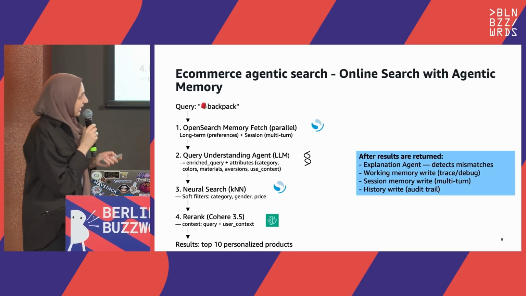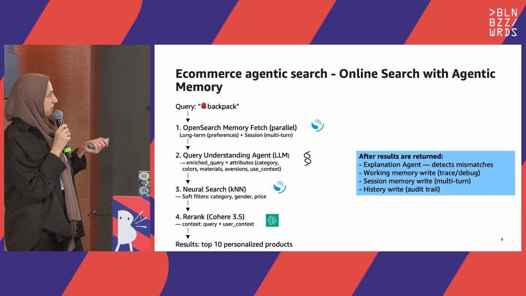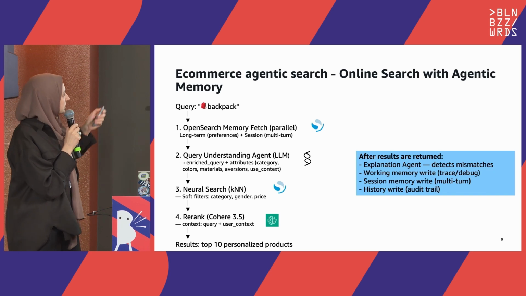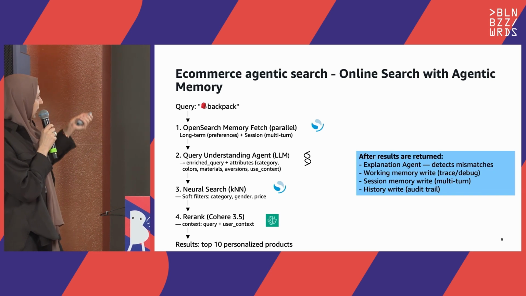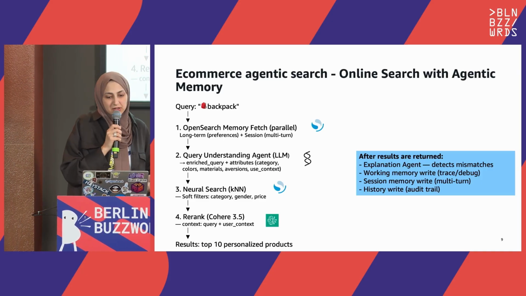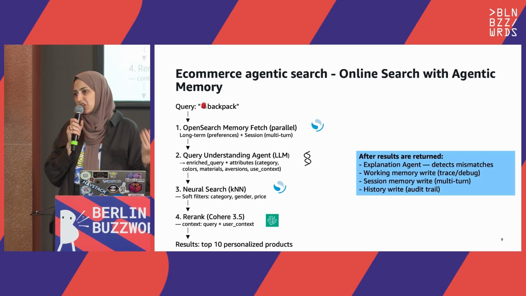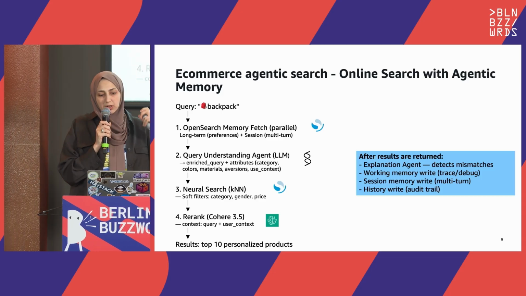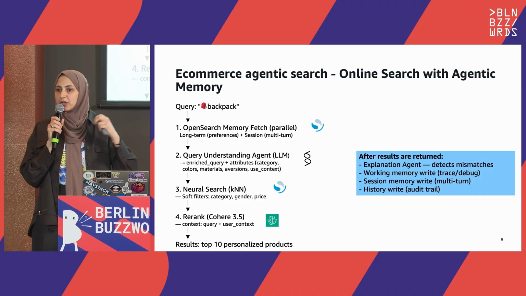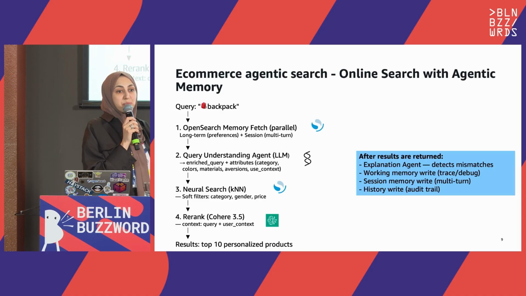I also have some asynchronous actions done by my agents. All of this is online, in a synchronous way, and we have some agents running asynchronously. We have an explanation agent, or call it a judge agent if you want, that will detect any mismatch between the original query, the results provided to the user, and the preferences.